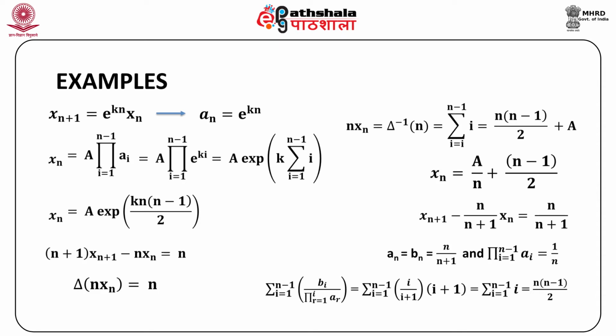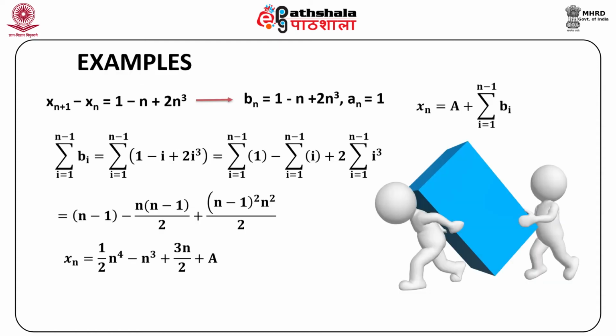The summation from i equals 1 to n minus 1 of bi divided by the product r equals 1 to i of ar is equal to the summation from i equals 1 to n minus 1 of i over i+1, multiplied by i+1, which is equal to the summation from i equals 1 to n minus 1 of i, which is n minus 1 divided by 2. Substituting the above computed values in the formula, we get the required solution of the equation.